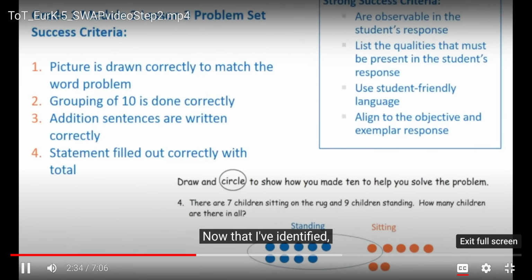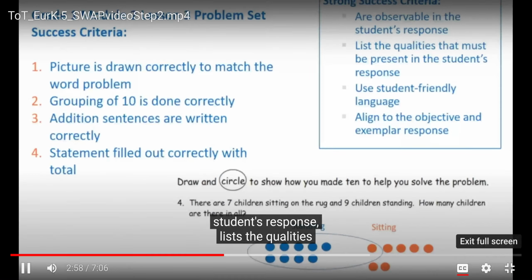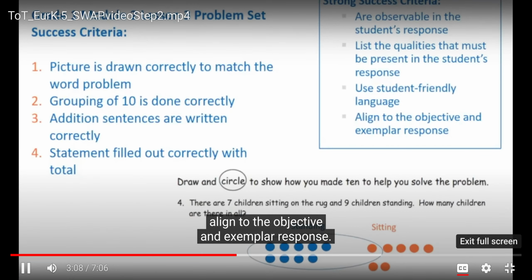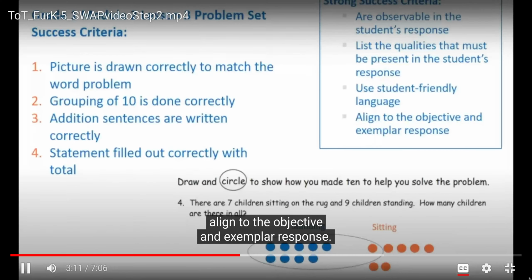Now that I've identified the skills that are being asked of my students in this task, it's time to turn those skills into actionable success criteria. Before I write them, I want to remind myself of the criteria for strong success criteria. Success criteria are observable or visible in students' response. List the qualities that must be present in the student work, use student-friendly language, and align to the objective and exemplar response.